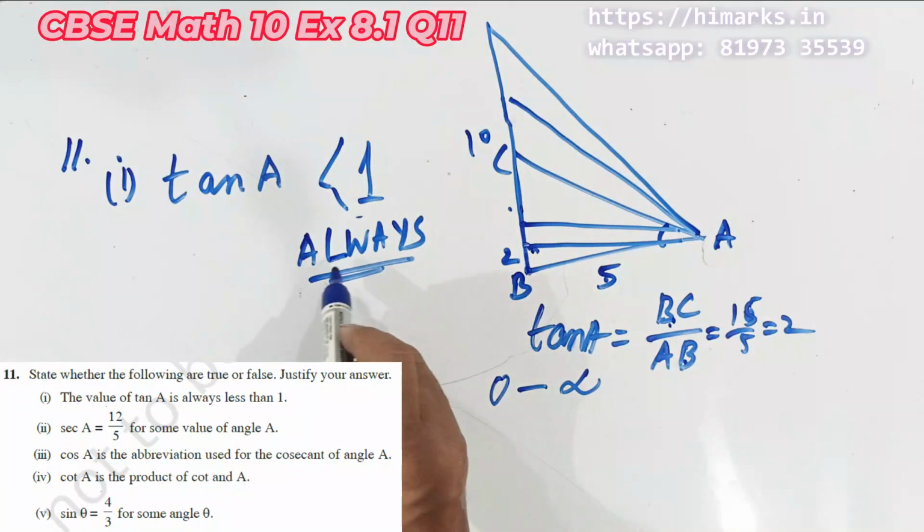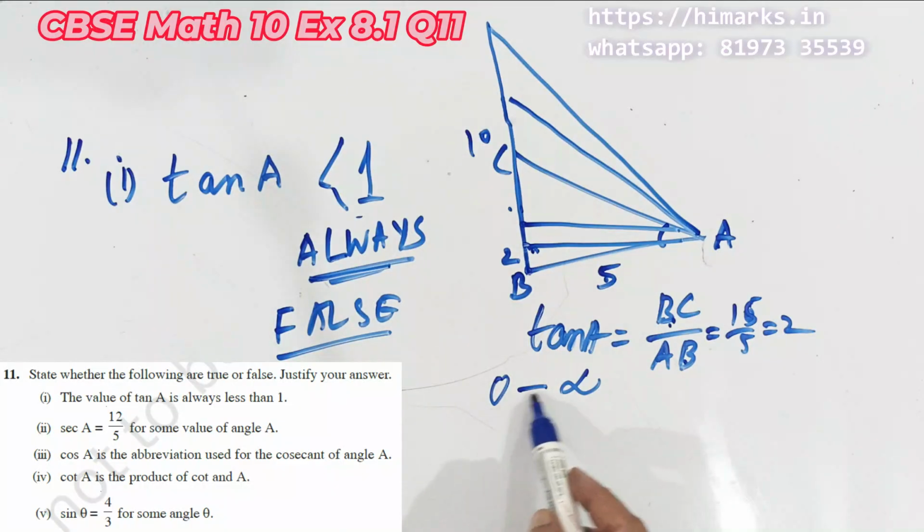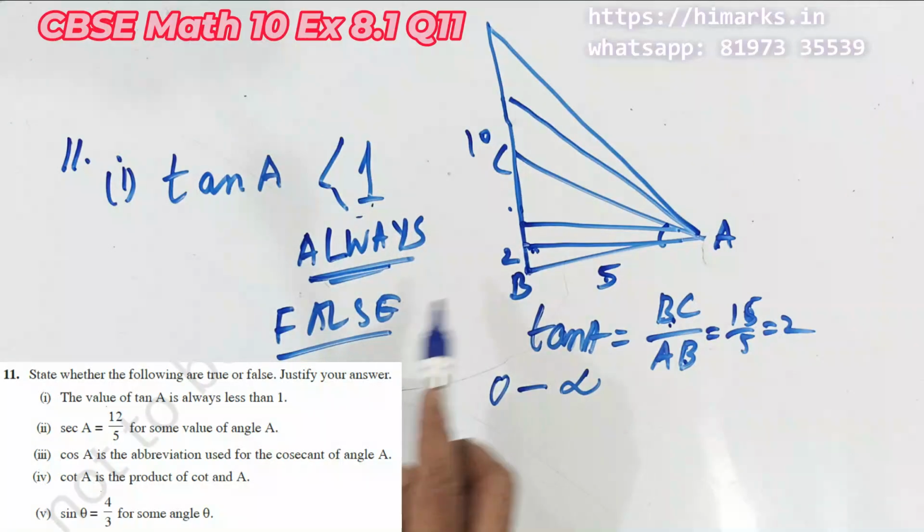So this statement is false. Always remember, tan goes from almost 0 to almost infinity, so it can have many values in between. That is the first one.